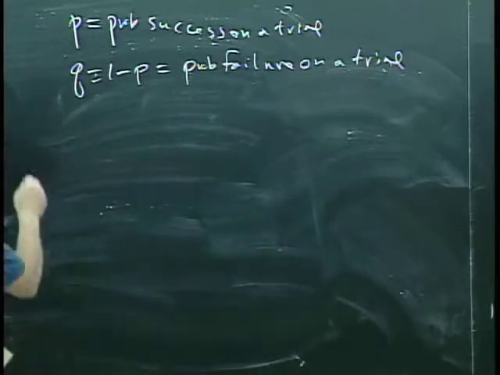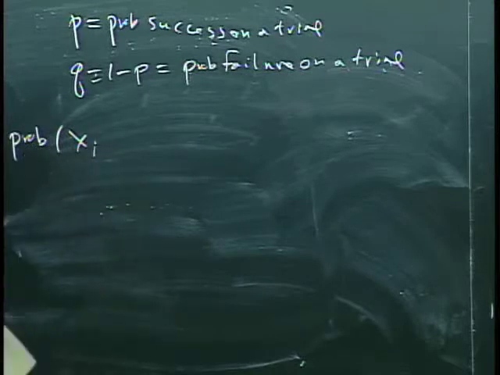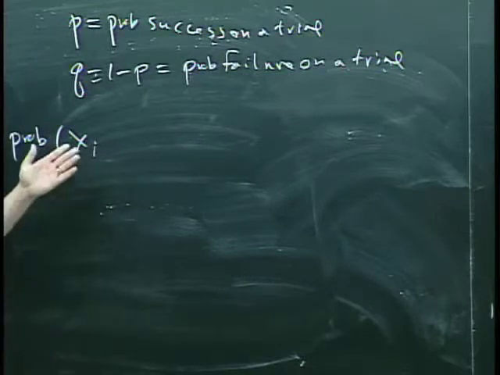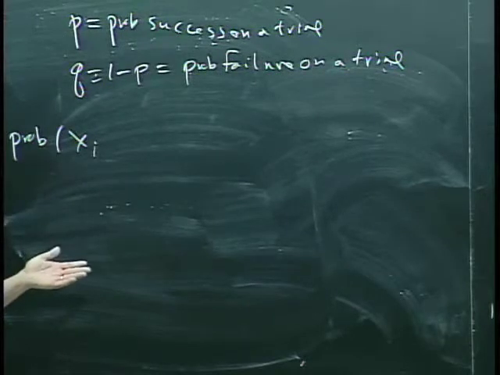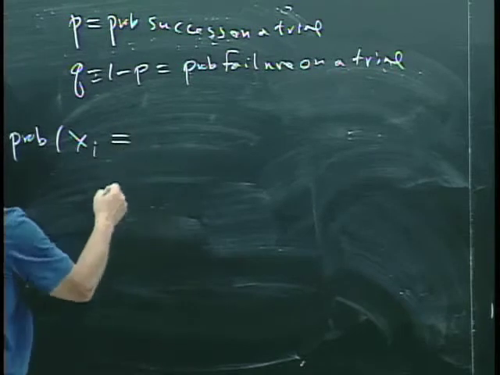Okay? So now we can ask, what's the probability that xi, the ith experiment that we're going to do, what's the probability that that is equal to j?